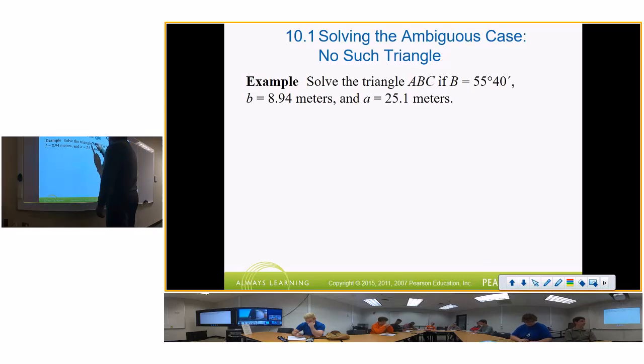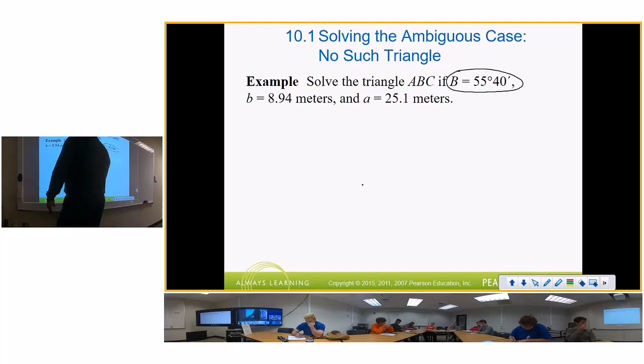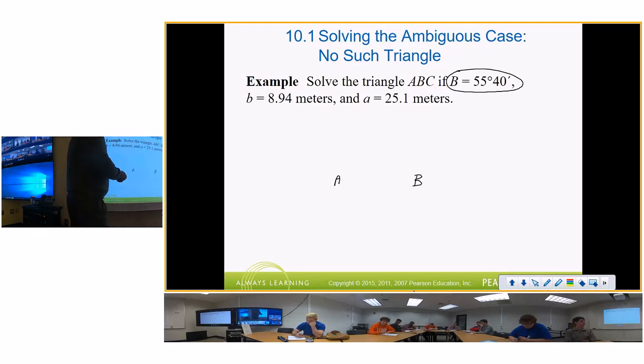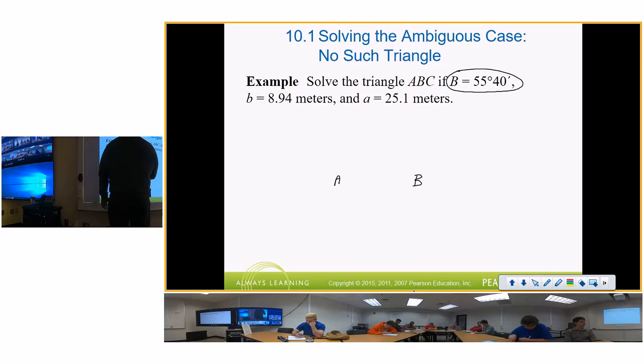angle ABC. I'm just going to draw B. I'm just going to think this is angle A, and this is angle B. Okay, I don't know what the triangle looks like, but I do know that 55 degrees is about half of 90, right? So if I just draw a line right here and a line right there, that's 90 degrees, right?